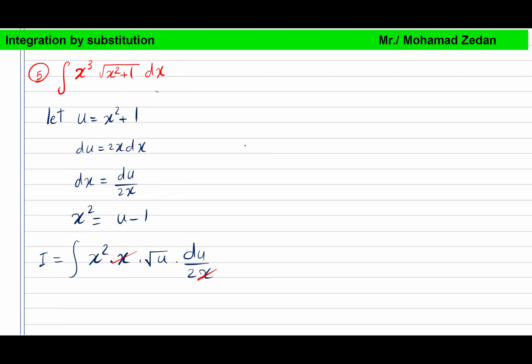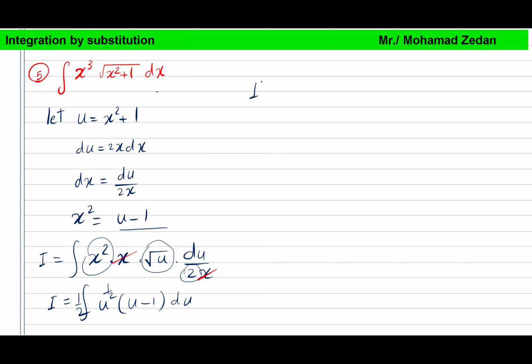So the answer is I equals the integration of x squared, and instead of x squared I can write u minus 1, and the square root of u means u power half, times u minus 1, du. And don't forget to write this half outside.